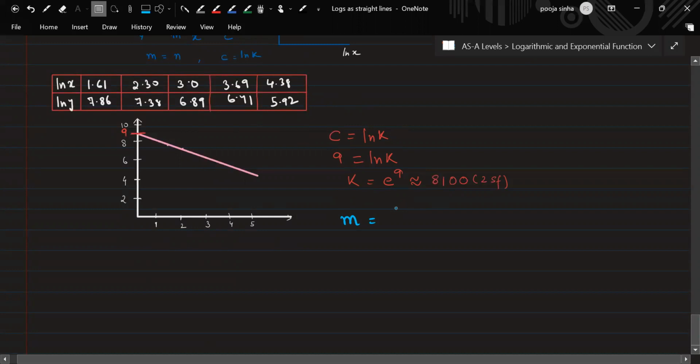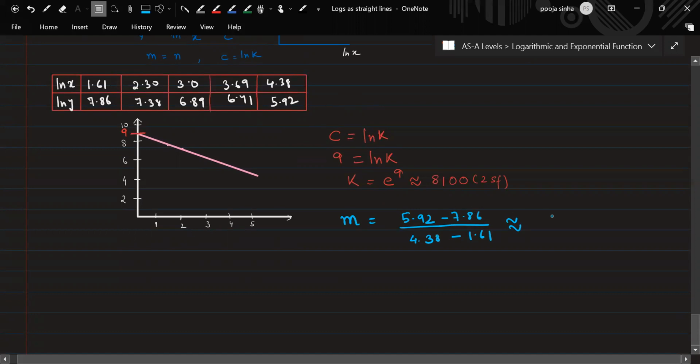First and last one. Okay. So the last value is 5.92 minus 7.86, y2 minus y1 upon x2 minus x1 would be 4.38 minus 1.61.